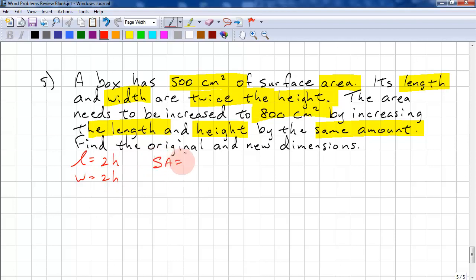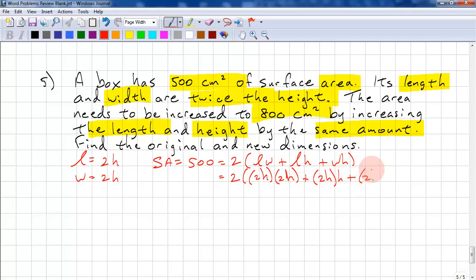Surface area equals 500. And that equals 2 times LW, LH, and WH. And we substitute our known values. So we have L is 2h, W is 2h, and we have just an h, and W is 2h, and h.